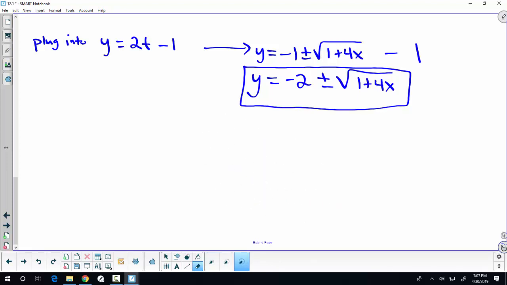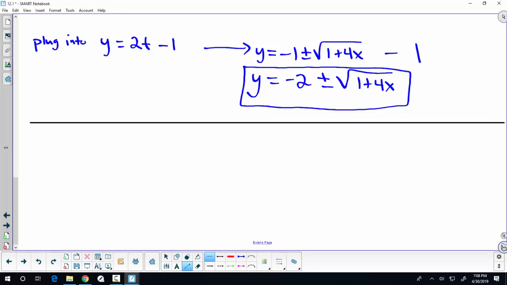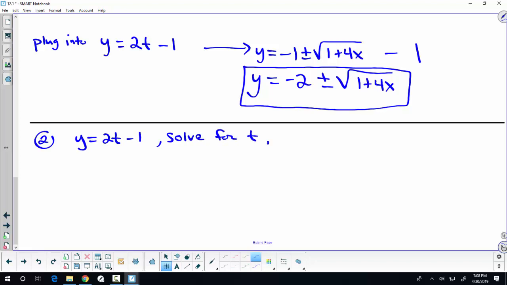So let's try it the other way. Let's then take the equation for y, plug that into x after we solve for t. Do it that way.